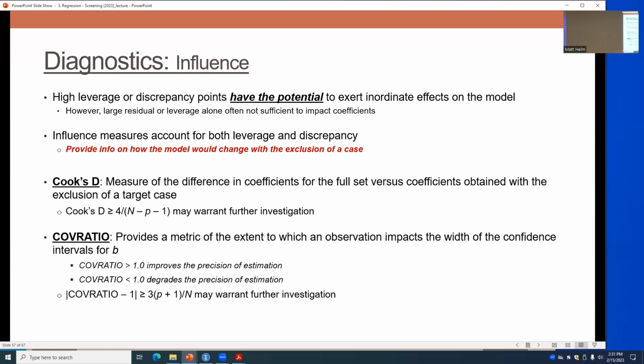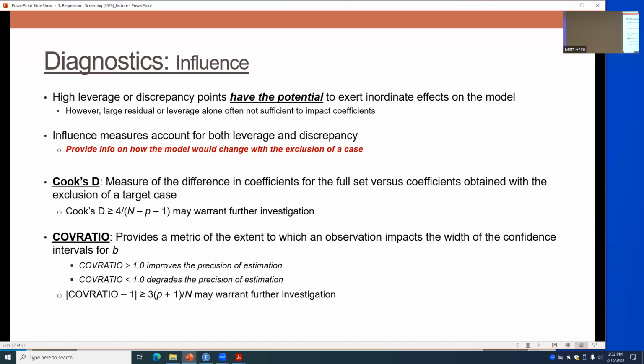Hopefully it would change nothing, because hopefully no single individual observation is going through and throwing things around a ton. Okay, now we can see covariance ratio values greater than 1 improve the precision of estimation. Covariance ratio values less than 1 degrade the precision of our estimation, making our confidence bounds wider.